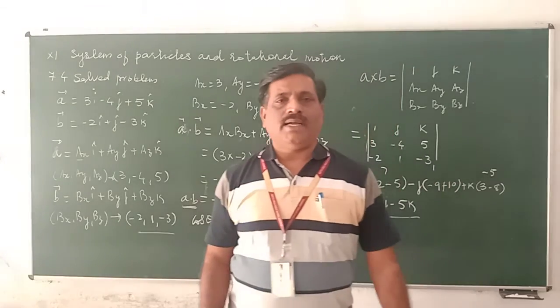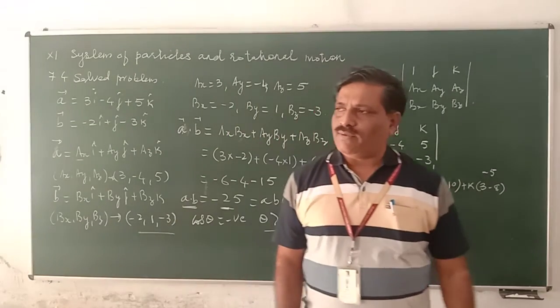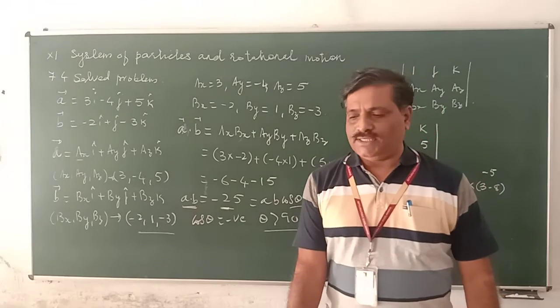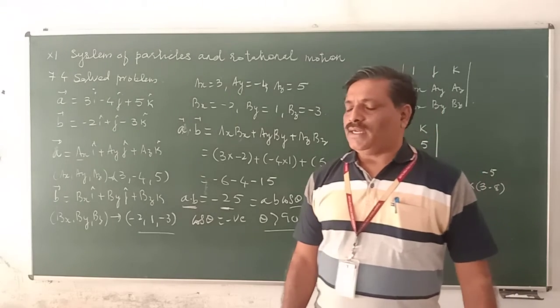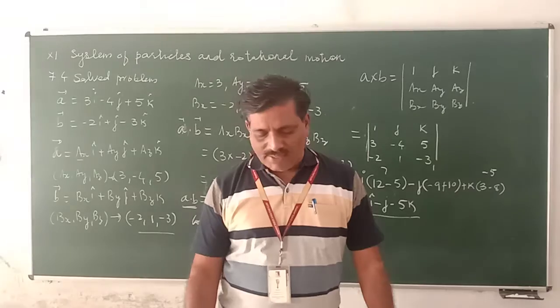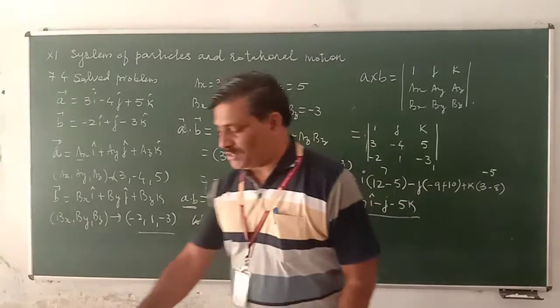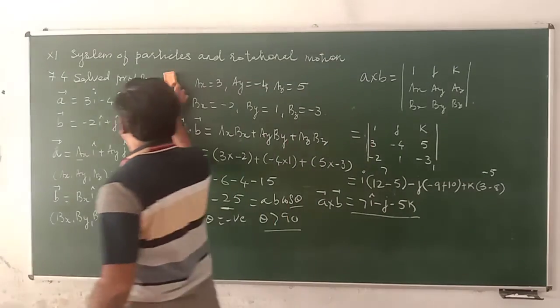One more point I would like to say about the vector product. We have already discussed its properties, but the vector product has reflection symmetry. What is the meaning of reflection symmetry? That we will see.